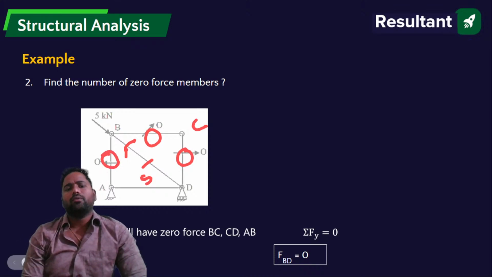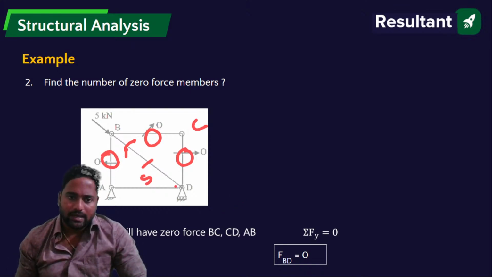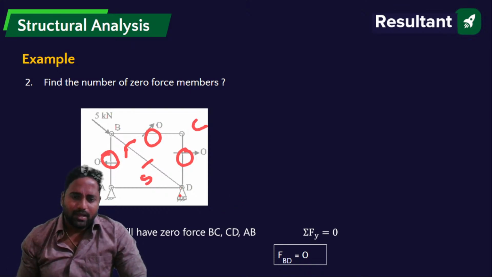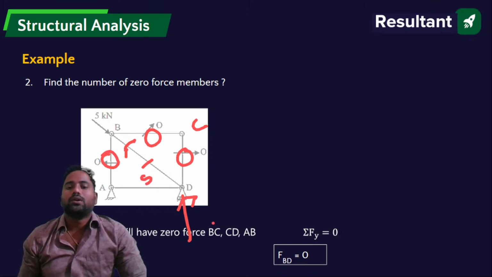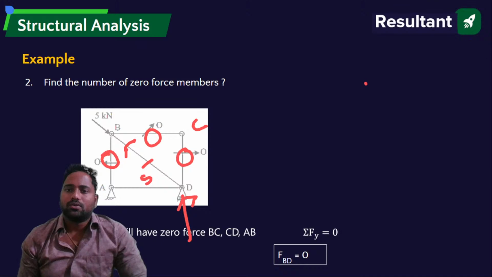Okay. Now you have to find out what is the force in AD. So for that, I'll just take equilibrium of joint D. If I take equilibrium of joint D, so this is D. There will be a vertical reaction.